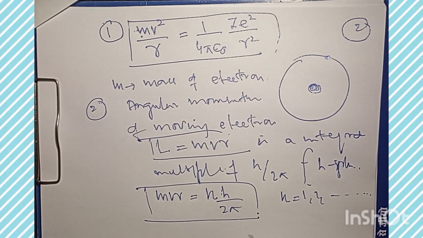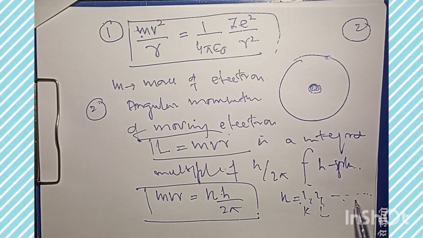Now, this n is an integral number, and this n is called the principal quantum number. This principal quantum number gives us the range of shells. So n equal to 1 will give me K, n equal to 2 will give me L, and so on and so forth.